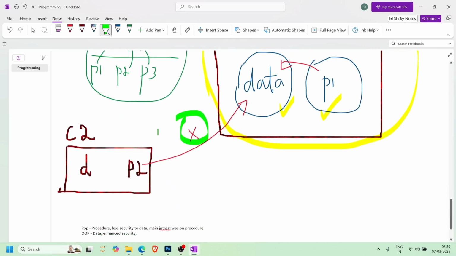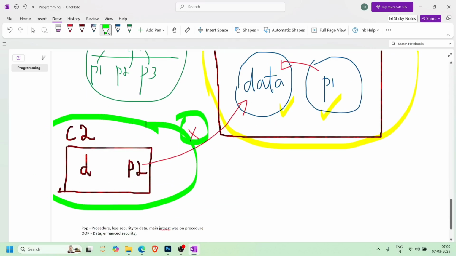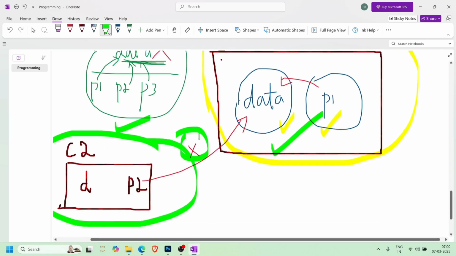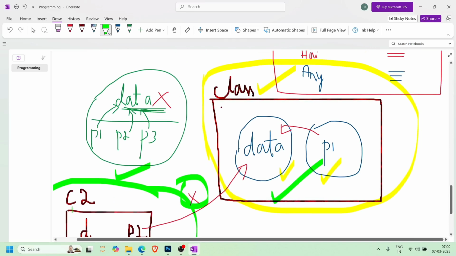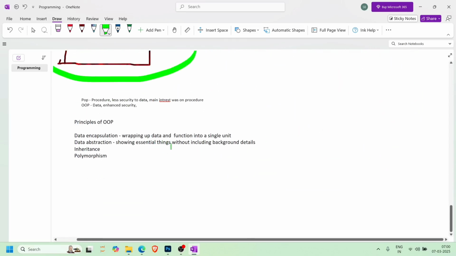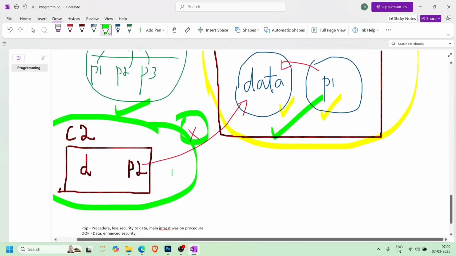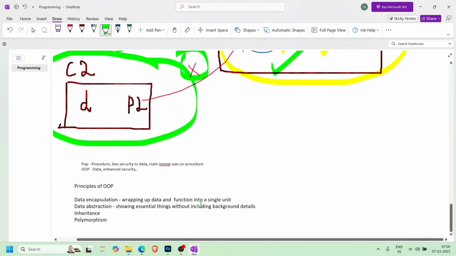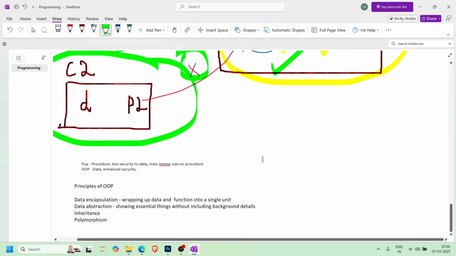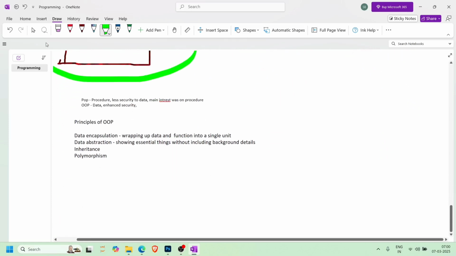That means for class 1, class 2 is hidden, and for class 2, class 1 is hidden. Showing essential things: for class 2, whatever is required is shown. In the same way, for class 1, what is required is shown, but not with unnecessary details.